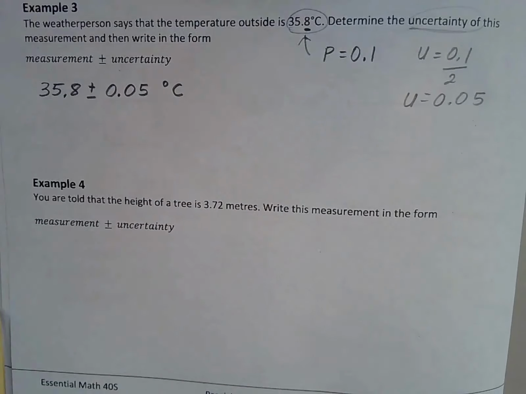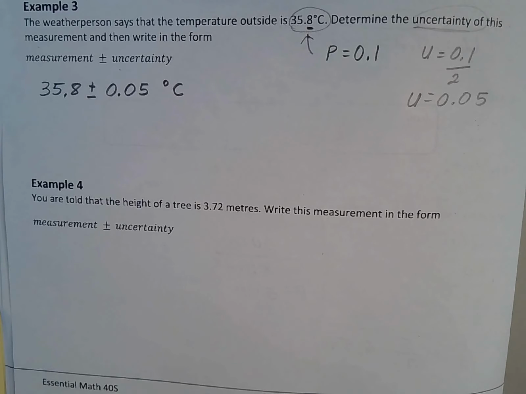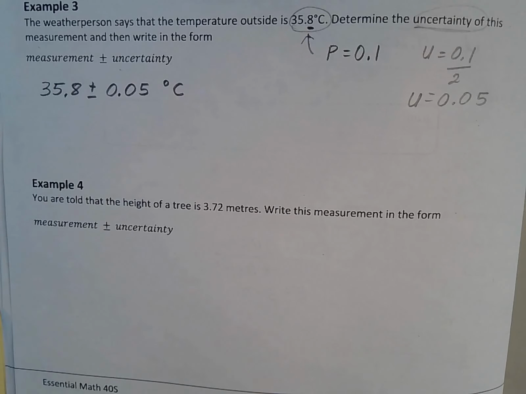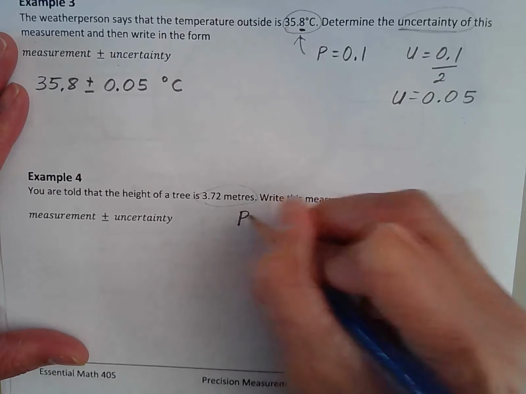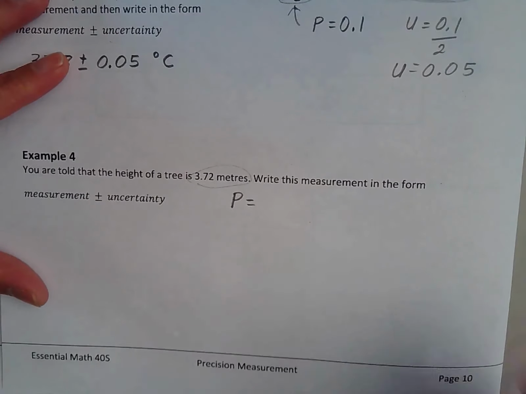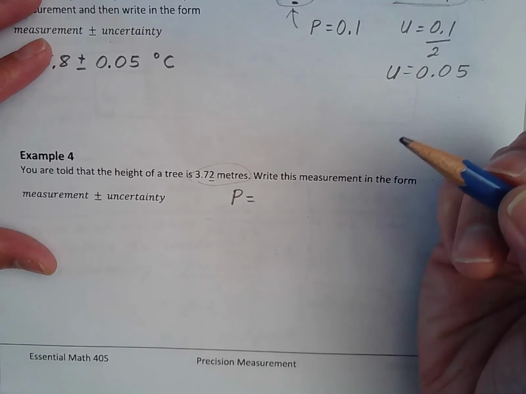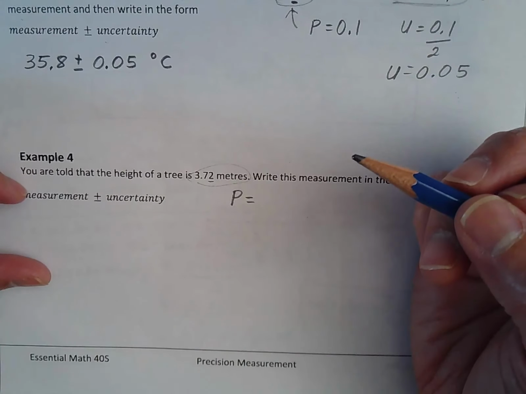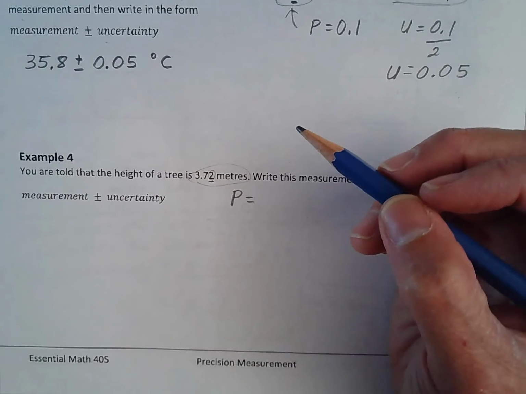Take a look at the next example. We are told that the height of the tree is 3.72 meters. Good. So that's our measurement. What's our precision here? You look at the very last place value. So 3.72, the 2 is the last place value.